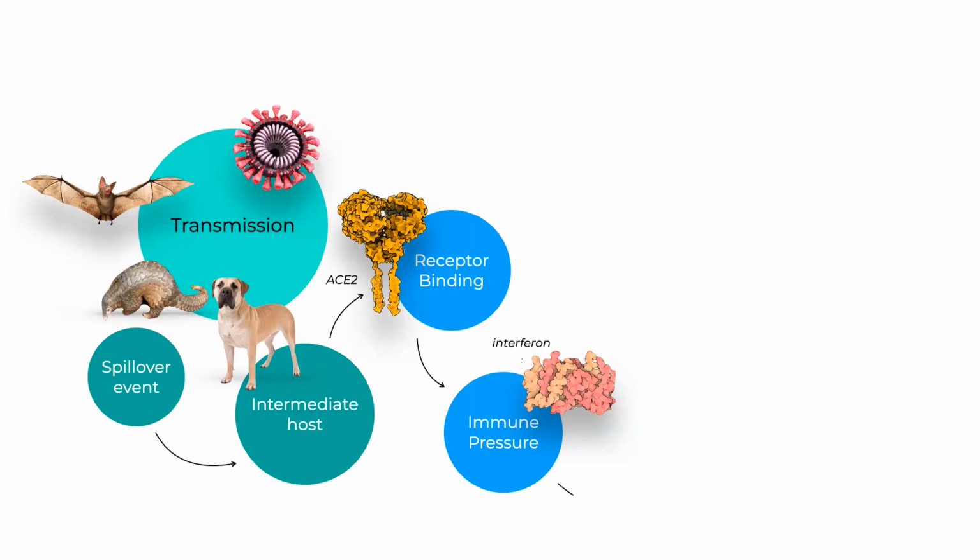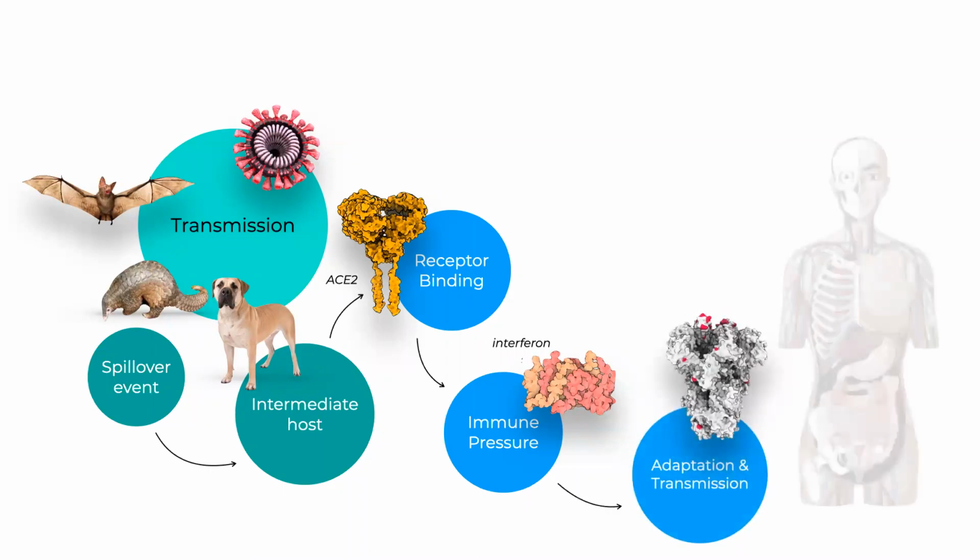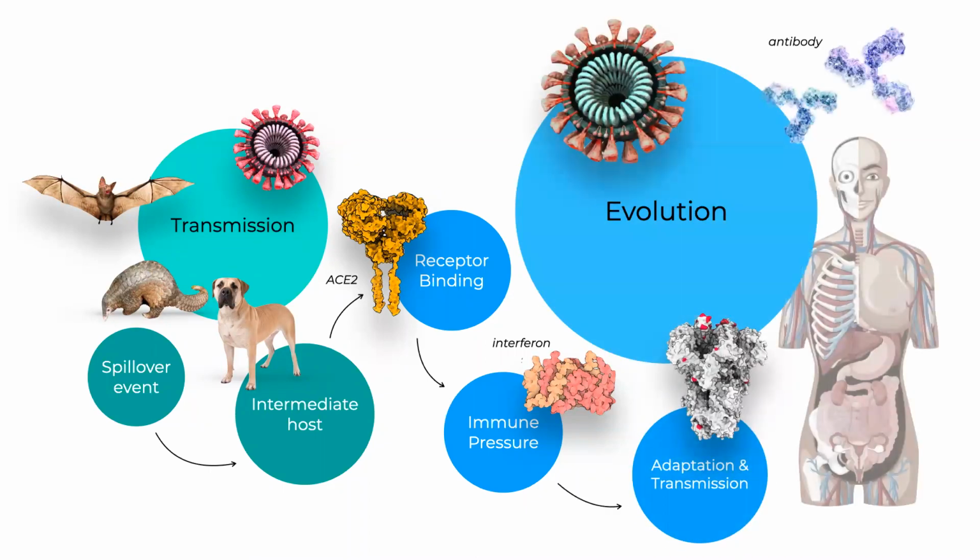And eventually, there is a process of adaptation, and one of the evolutionary objectives of the virus is to be able to adapt to different tissues, adapt to different hosts and the transmission patterns.